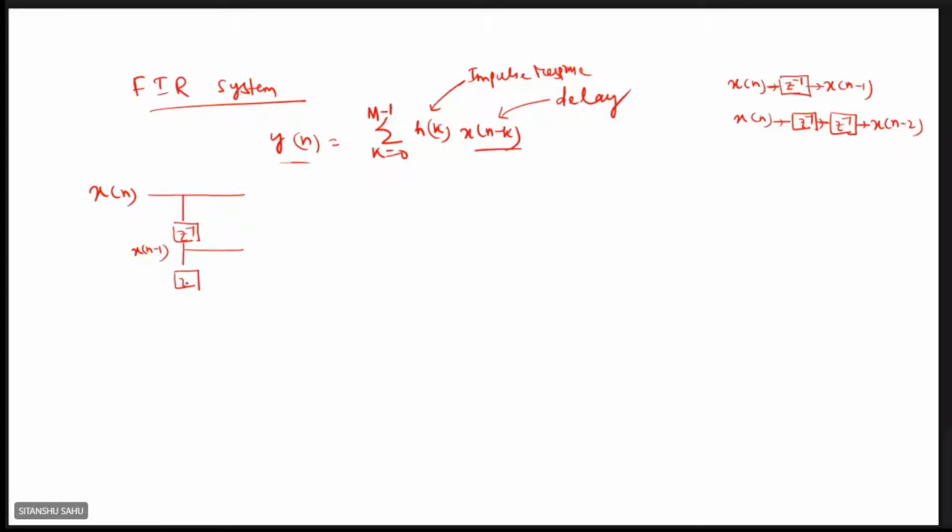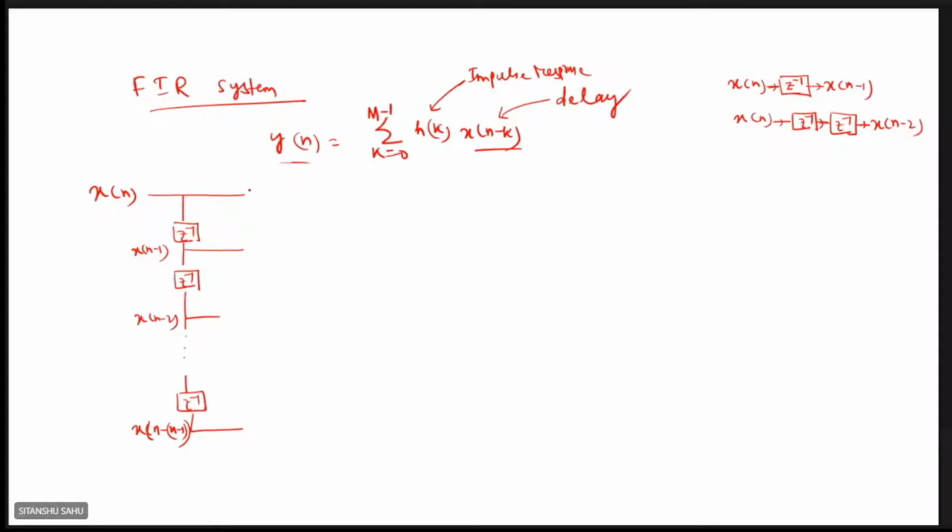Then if I put another delay, that will give me here x of n minus 2, isn't it? So I'll go on doing like this, and then I'll put another delay over here. That will give me x of n minus 1, because here n minus 1 number of delays I have used.